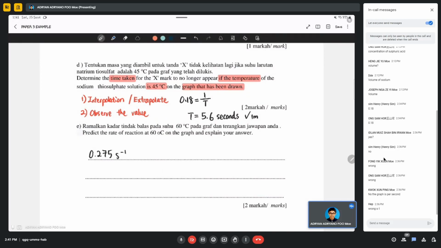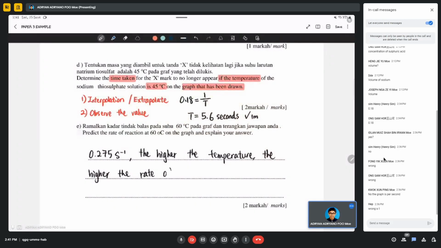This is the rate of reaction. Then how do you explain your answer? I repeat the relationship: the higher the temperature, what happens to the rate of reaction? The higher the rate of reaction. This is your explanation. See?